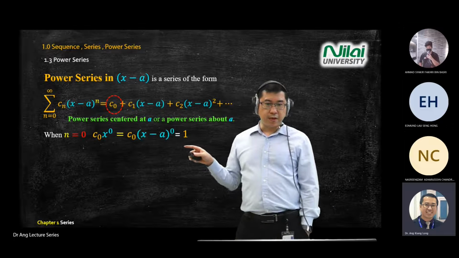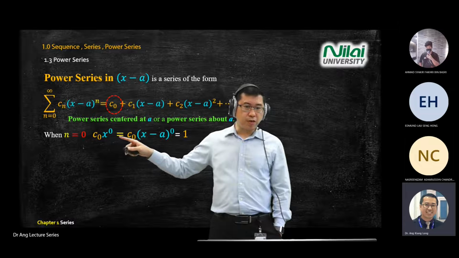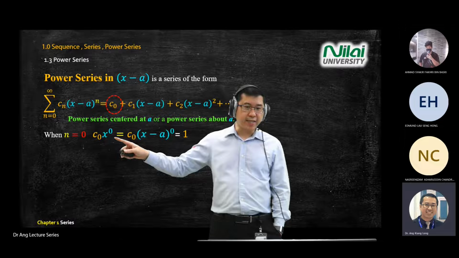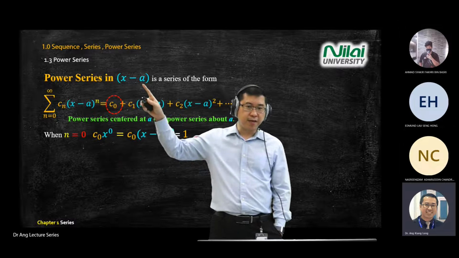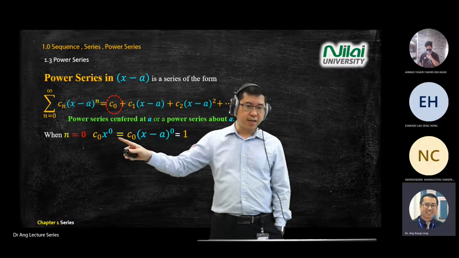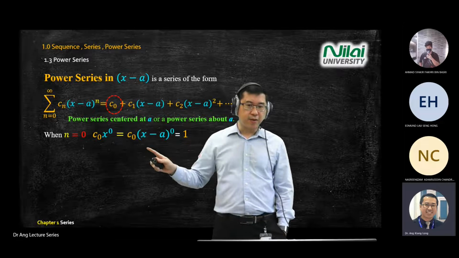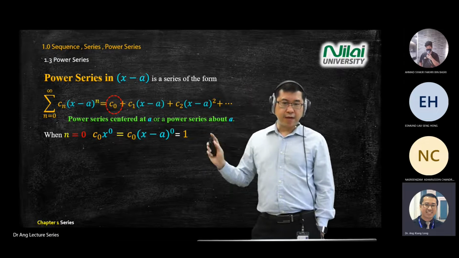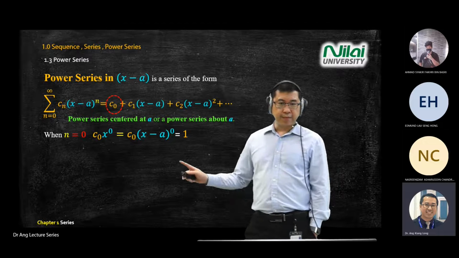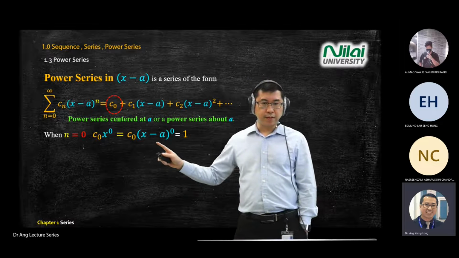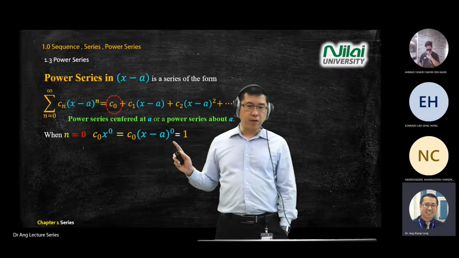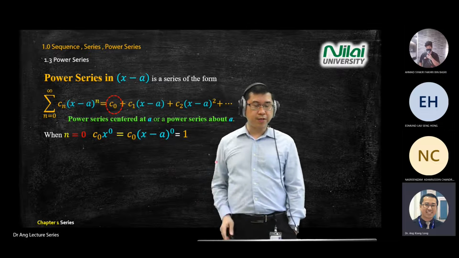So you substitute your c0, and now you replace x in the general equation with x minus a. You get (x minus a) power 0, which is 1. So a constant value will always give you 1 in a power series.